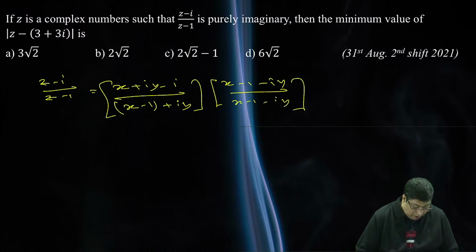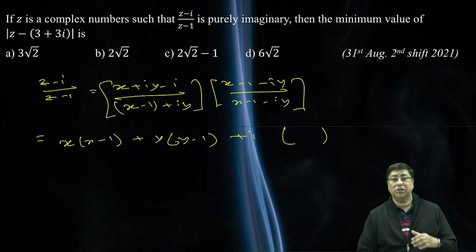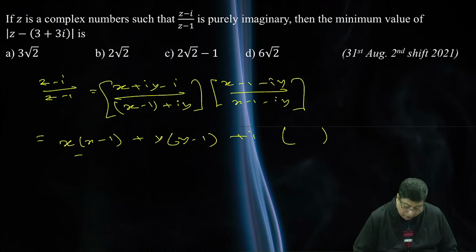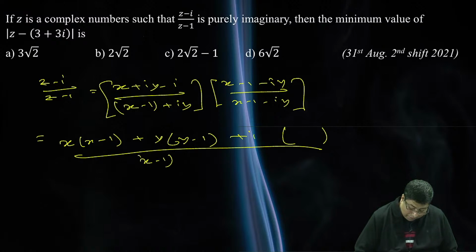Simply multiplying, we get x into (x minus 1) plus y into (y minus 1) plus i into something. The i term is not needed because it is purely imaginary and our target is that the real part should be 0. We have to solve the sum very fast in the entrance examination hall.